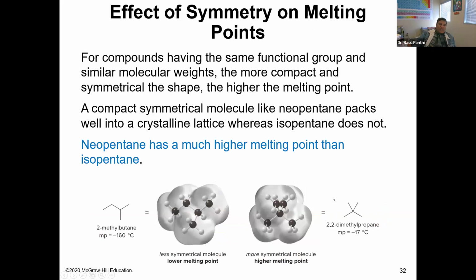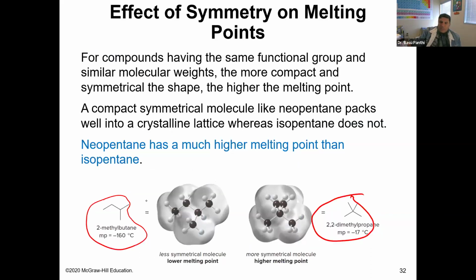Only the difference in melting point. Neopentane has a much higher melting point than isopentane because this one is more spherical or symmetrical, higher melting point. And this one, lower melting point.